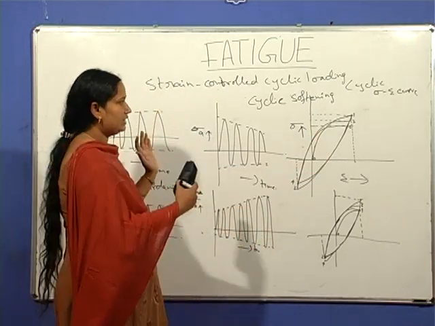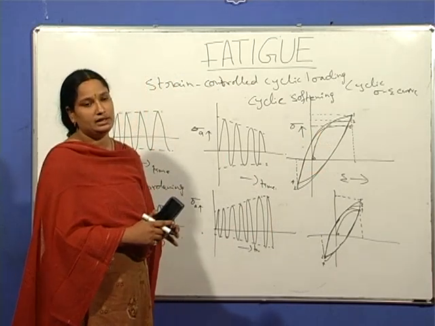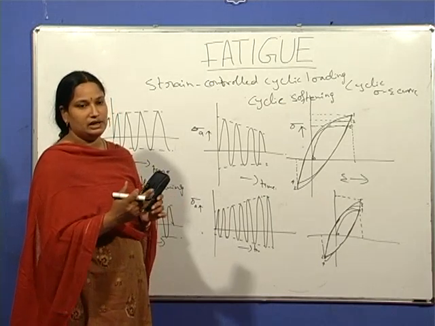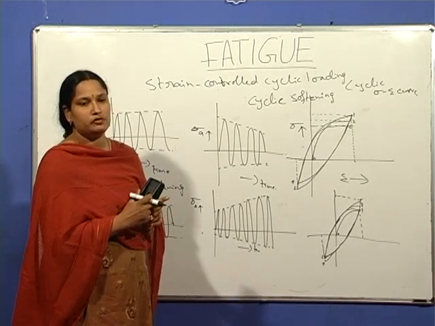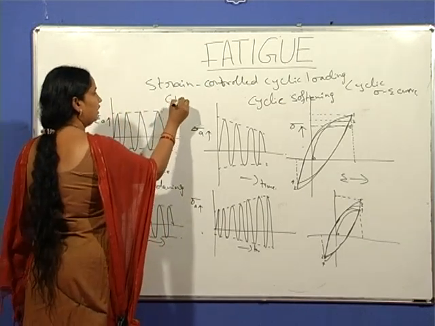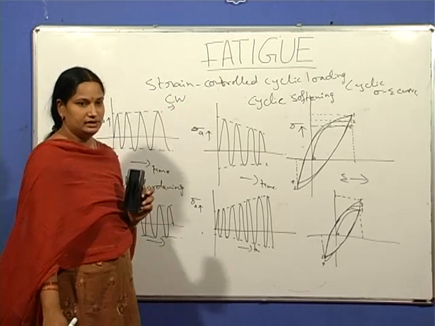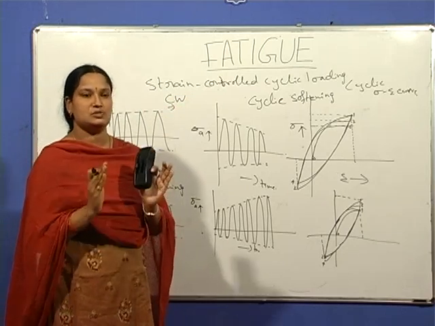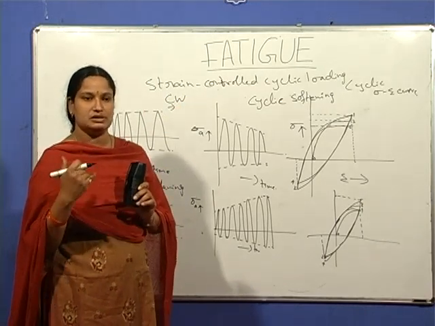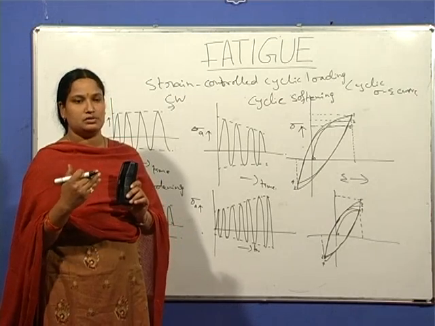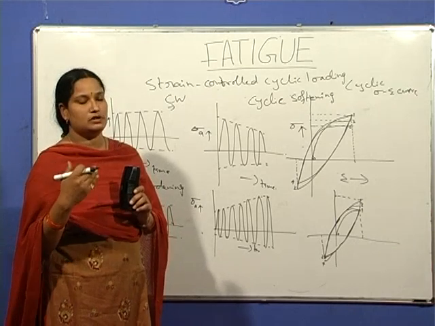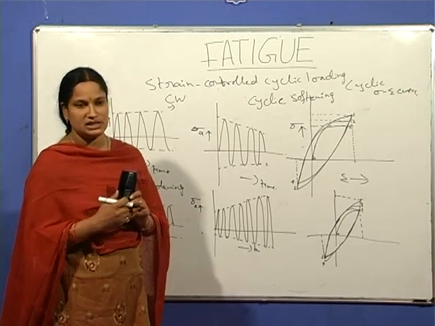So, why cyclic softening or cyclic hardening occurs in cyclic loading can be related to the dislocation microstructure. For a cold worked material, or a material which is very hard, the initial condition is that it has been deformed, cold worked. When the material is given some amount of cold work, strain hardening occurs, mainly because the number of dislocations increases during plastic deformation.